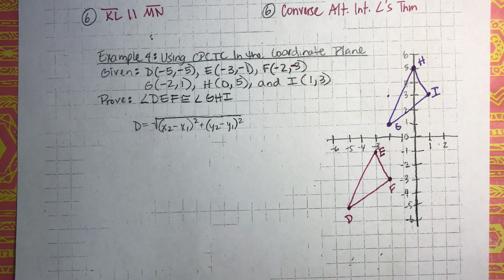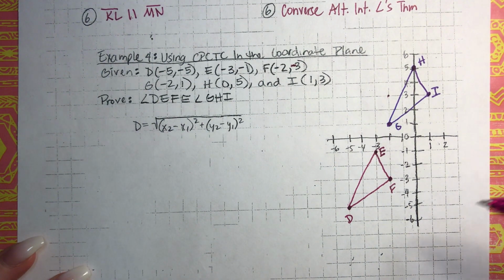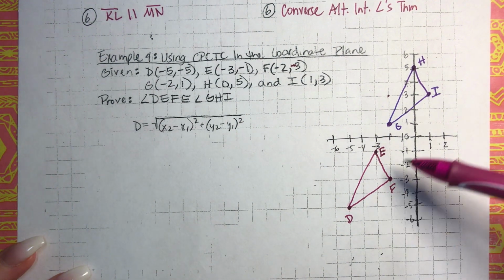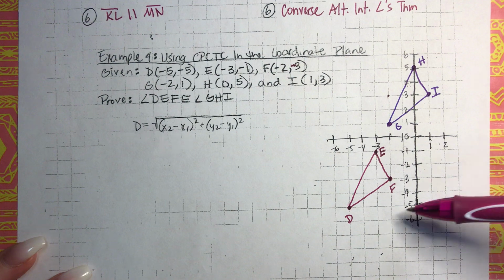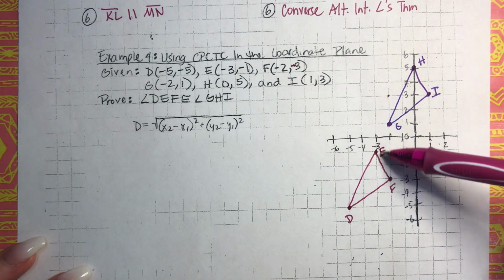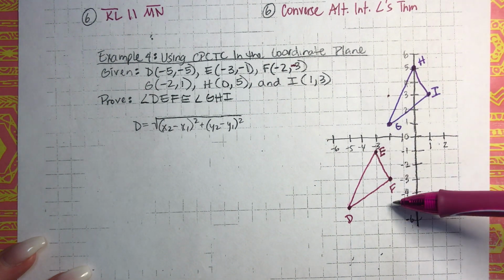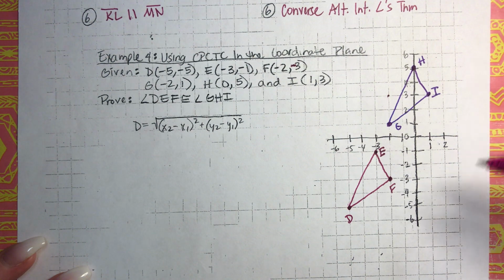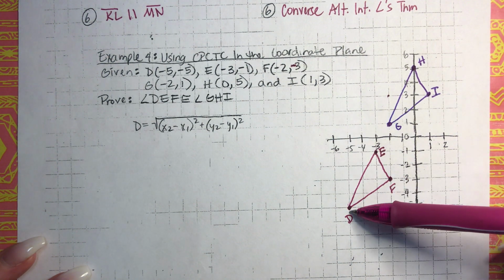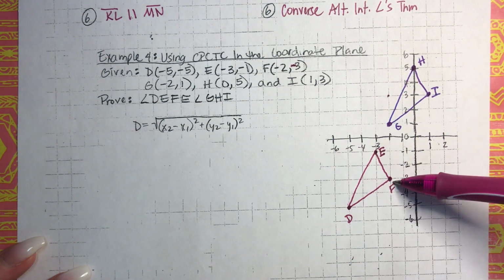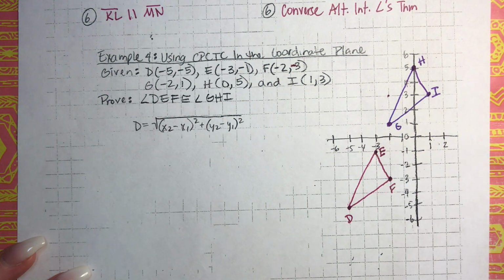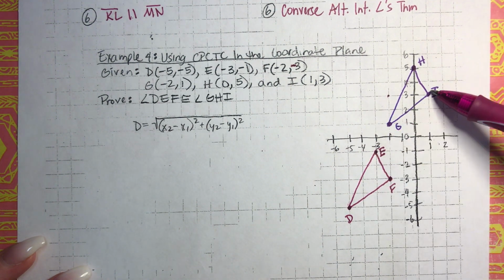So we're doing a coordinate proof. How we do a coordinate proof is we really have to show the distance of the sides, that's really all we have, and they all have to be the same. So that means a bunch of distance formulas. Distance formula here, distance formula here, distance formula here. So that's 3, and then 1, 2, 3.